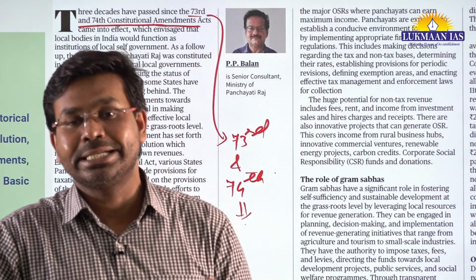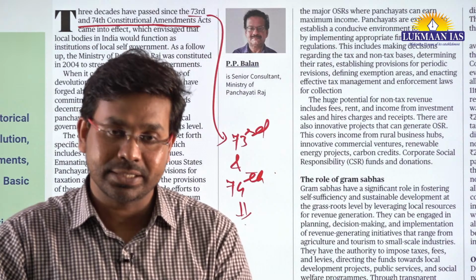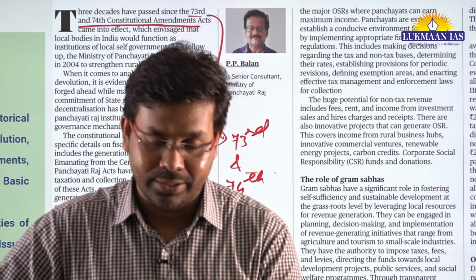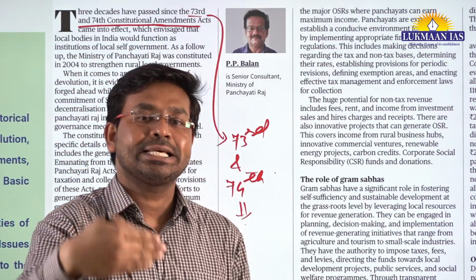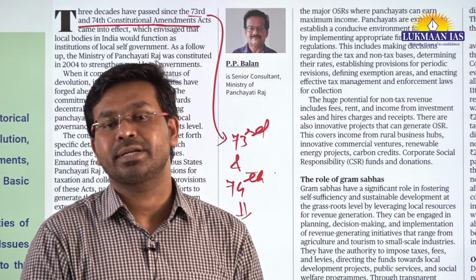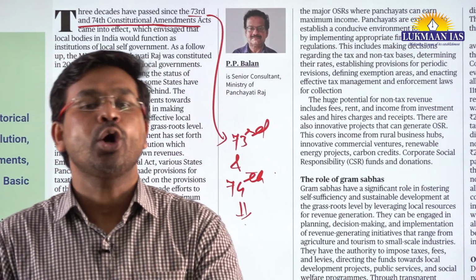But even after 3 decades, the Panchayati Raj institutions, panchayats, gram sabhas have not been empowered so much that they become self-reliant. Although 30 years have passed, these Panchayati Raj institutions, panchayats, gram sabhas at the local level do not have financial autonomy.